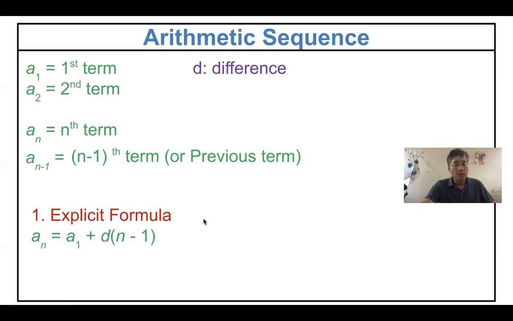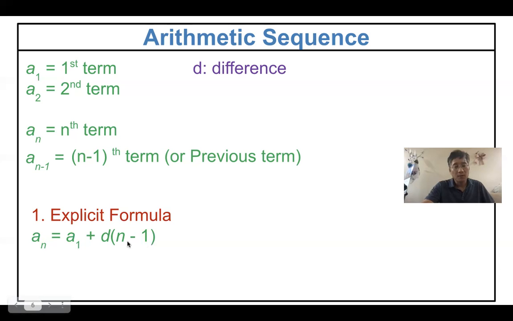When you get the nth term, you need to know two things: what is the first term, and the difference. If you know the first term and the difference each time, then you can find the nth term by using this formula, which is A1 plus d times (n-1).